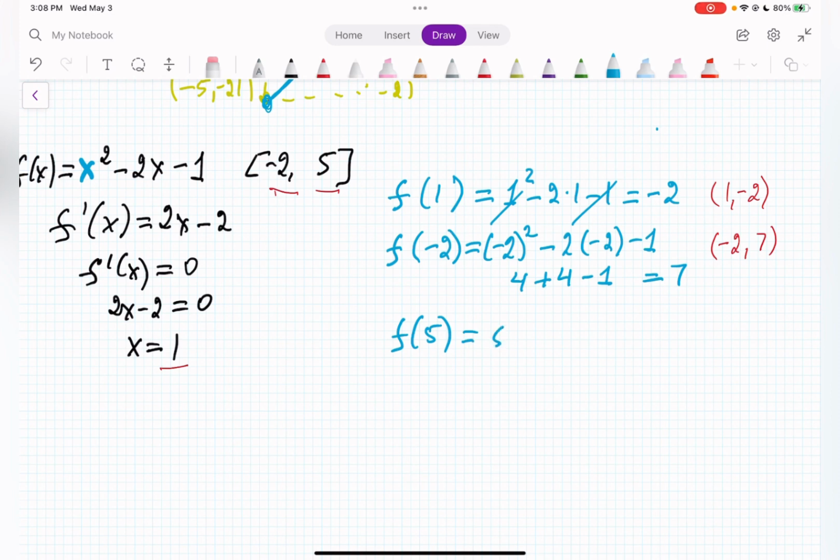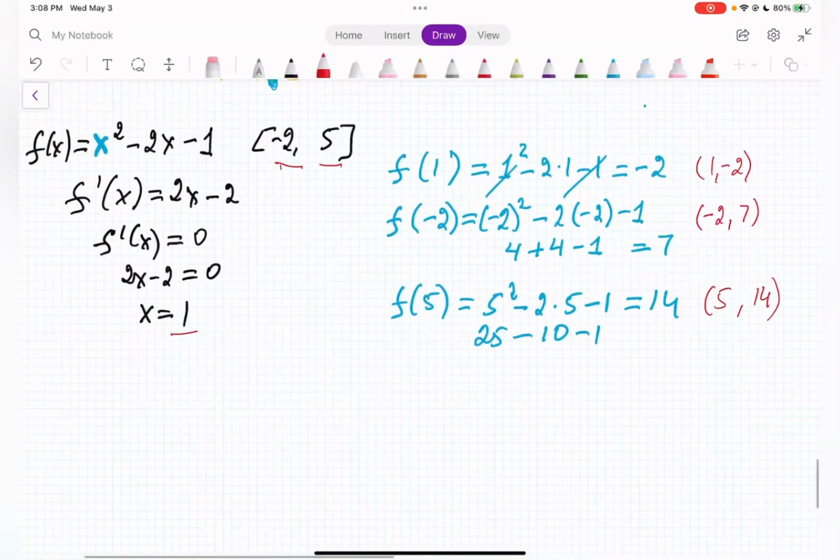And lastly, we have to find the value of y for x equal to 5. We have 5 squared minus 2 times 5 and minus 1. We get 25 minus 10 minus 1. 25 minus 10 is 15. 15 minus 1 is 14. So the coordinate here is 5 and 14.